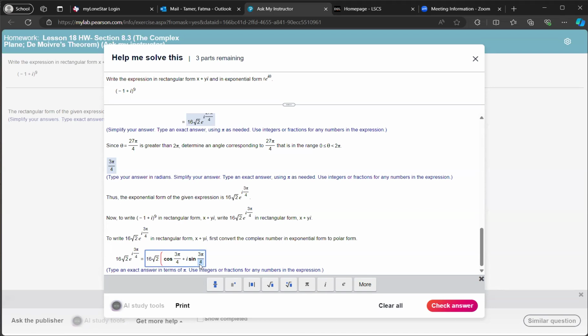And then we're going to close this. And this is how we write this complex number in the polar form.